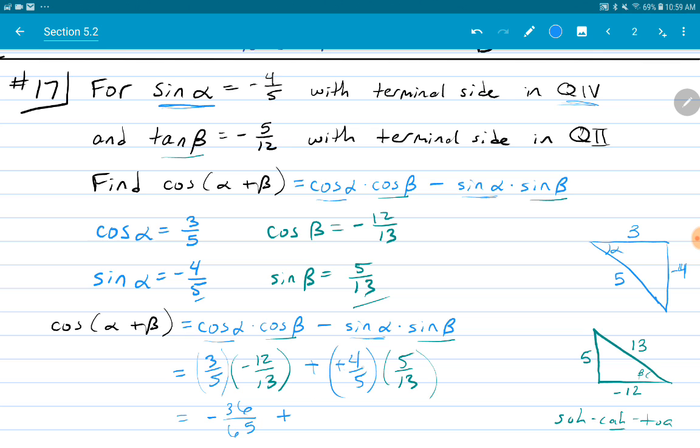So that's plus 4 times 5 gives me 20, 5 times 13 gives me 65 again. And then I already have a common denominator, so -36 plus 20 gives me -16/65, which, there's no common factors there. So there is my final answer for cosine of alpha plus beta.